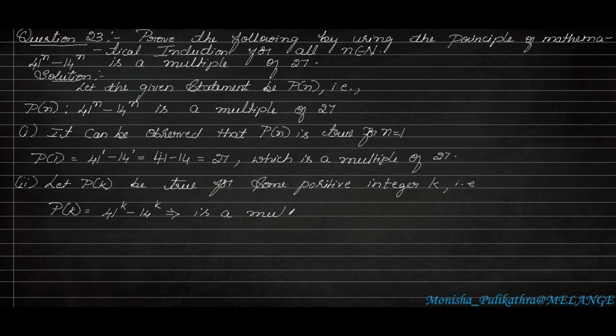So this equation should be in the form such that it is a multiple of 27. So 41^k minus 14^k is equal to 27 into m. Okay, m can be any natural number. If we substitute a natural number, it will become a multiple of 27 itself, where m belongs to N. So let this be equation number 1. So this is the second step.